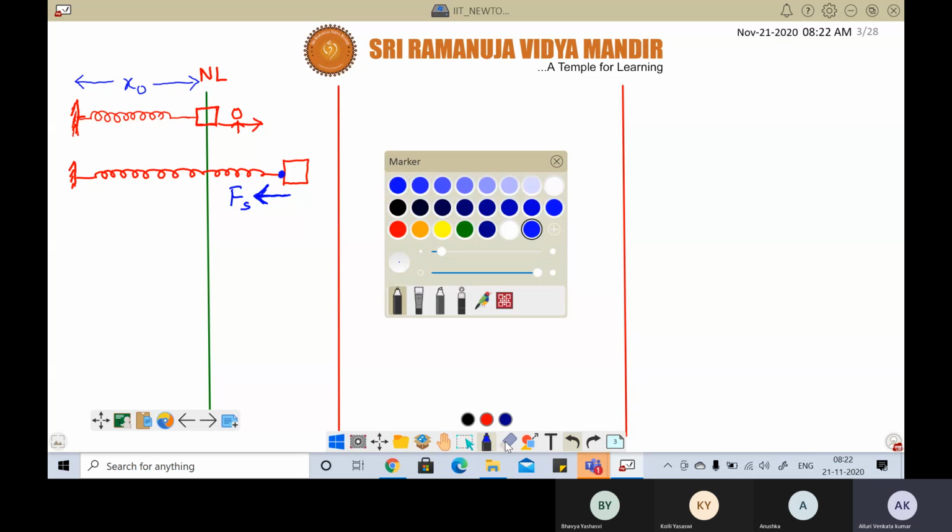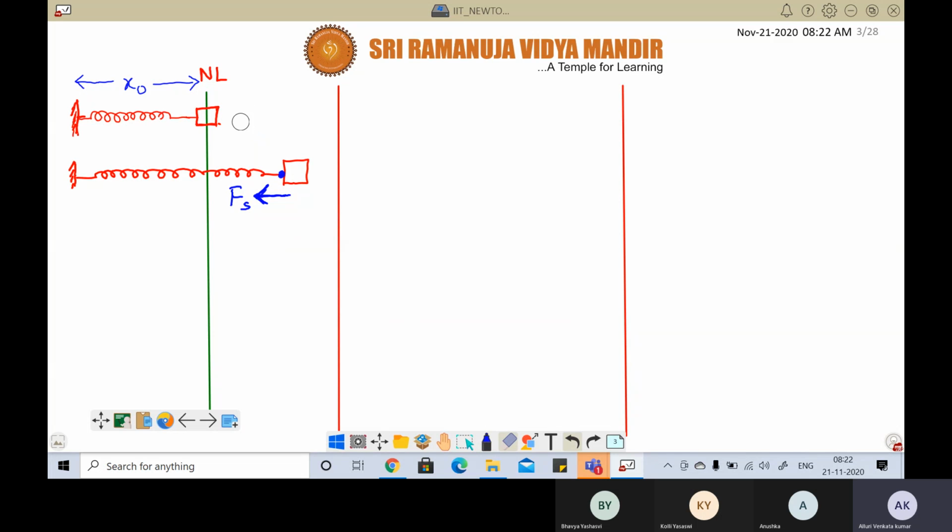Now, when the spring is at natural length, is there spring force here? Is the block moving left right now? No, sir. So spring force here is how much? Zero. So this is the first property.